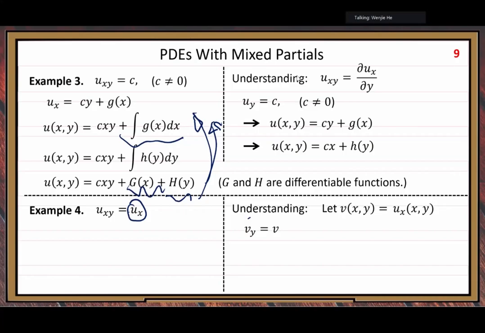We did it before. Do you still remember? We solved this ODE sometime before, in our first class, part A. Did we solve this in our first class? Y prime equals y.